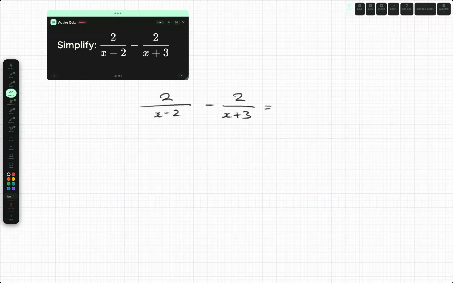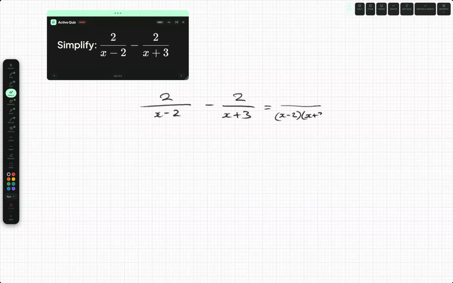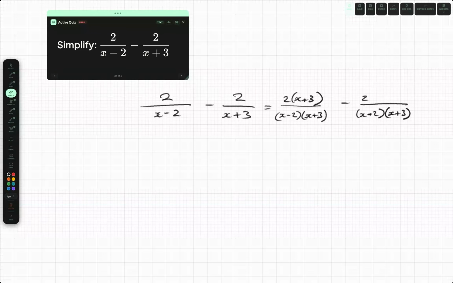We're going to multiply our two denominators together, minus something, x minus 2, x plus 3. Okay, now we know what we've done to each one, so let's just do it. We've multiplied the first one by x plus 3, so it's 2 times x plus 3, and multiplied the second one by x minus 2, so it's going to be 2 times x minus 2.